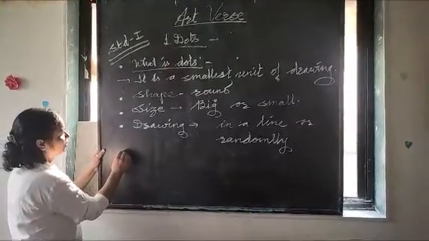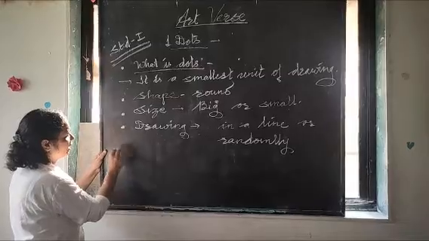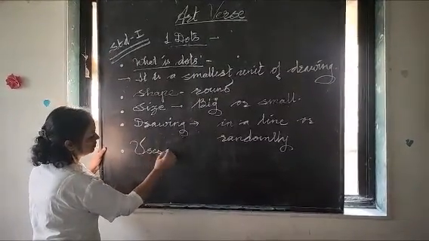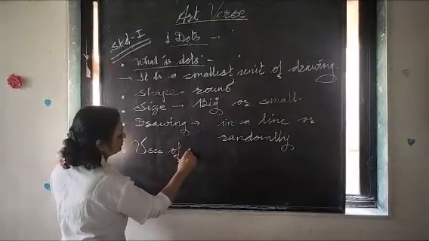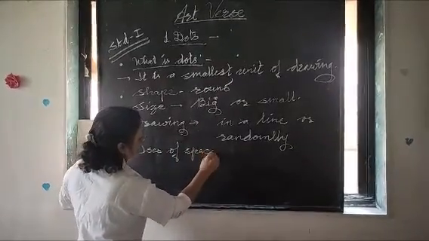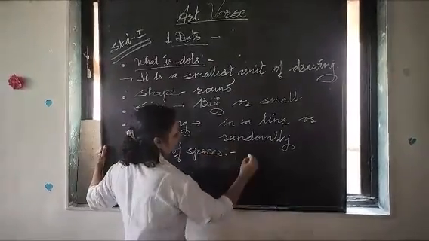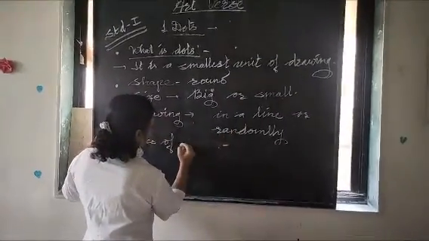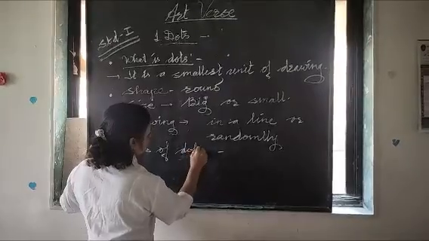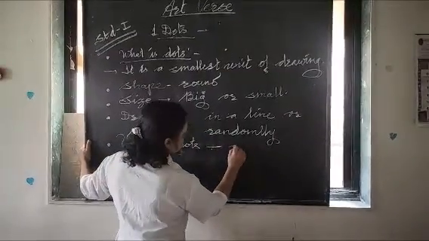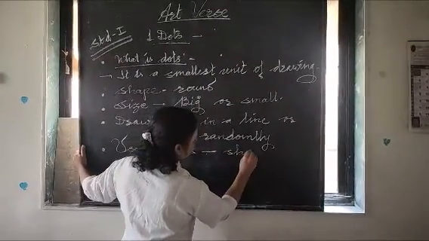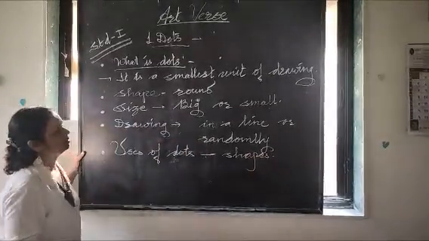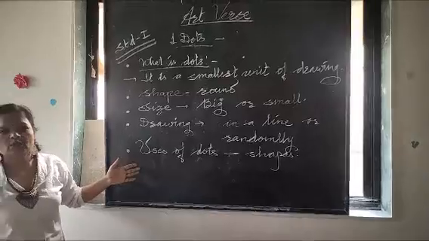Then from dots we get shapes, means uses of dots. We get shapes. So these are the characteristics of dots.